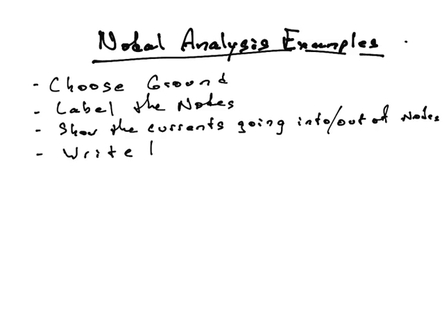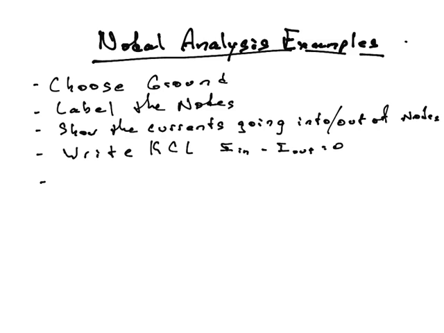Then you write the KCL equations, and the KCL equations are the currents coming into the node minus the currents going out of the node must be equal to 0. So I in minus I out is equal to 0.